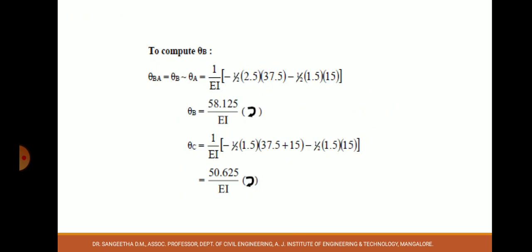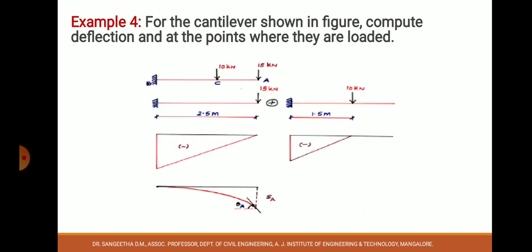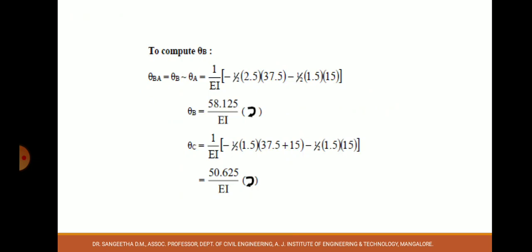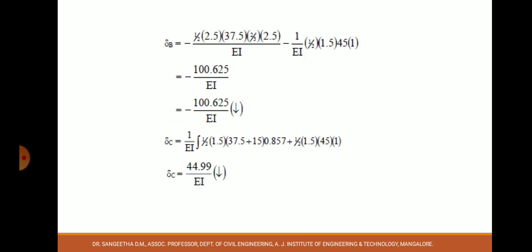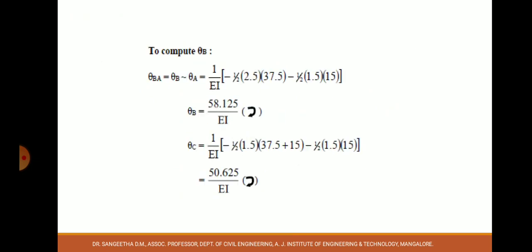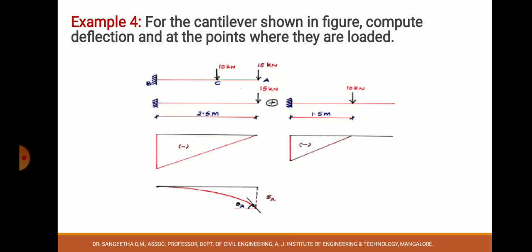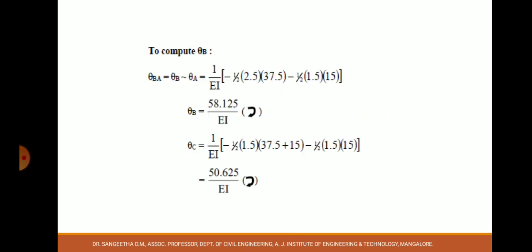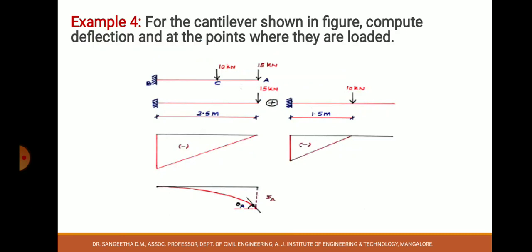In order to compute theta B, here you have deflection and theta B. Theta BA is the total rotation, theta B minus theta A, and it is the area of the M by EI diagram. The first diagram is half into base into height.